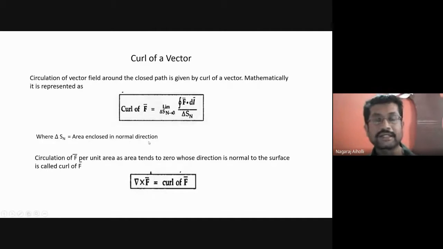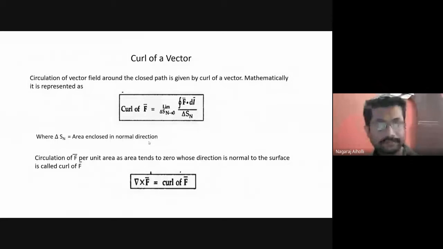Delta Sn is the area which is perpendicular to the vector field. Suppose this is our vector field F bar, and this is our area Sn, which is perpendicular to the vector field F bar. The circulation of F bar per unit area as the area tends to 0, whose direction is normal to the surface, is called the curl of F bar.